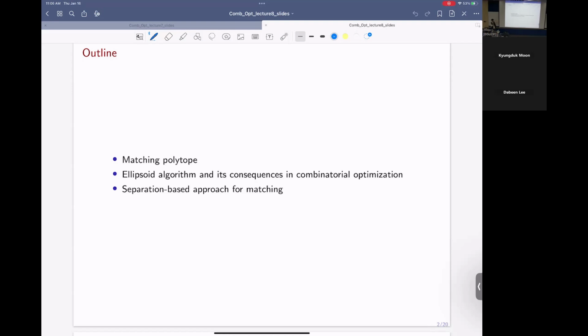This is due to Grötschel, Lovász, and Schrijver, and they got the Fulkerson Prize for this result. I'm going to explain that. And the matching problem can be solved using the separation. I'm not going to talk about the separation algorithm, but I'll explain how we do it.